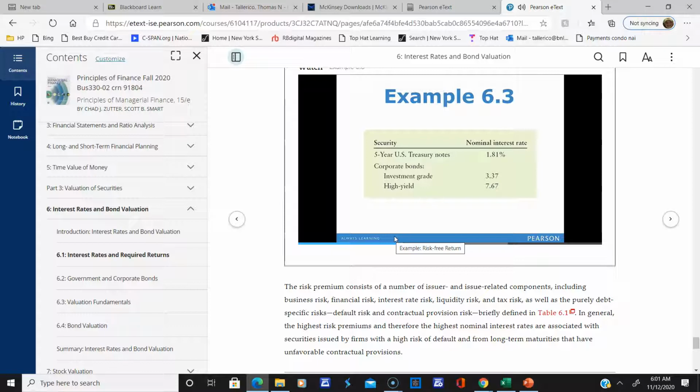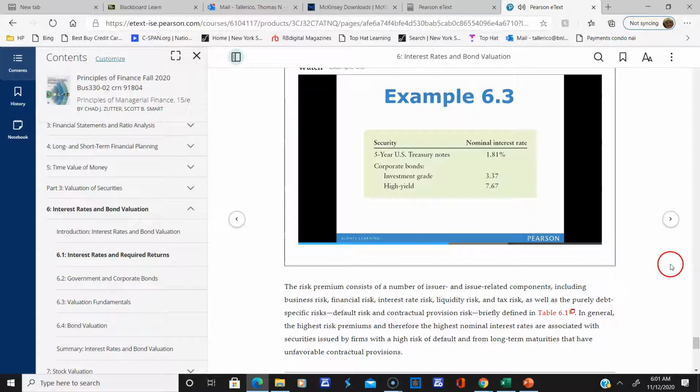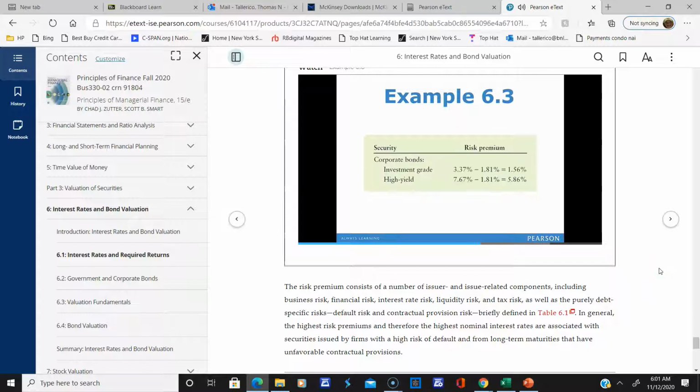In May of 2017, investment-grade corporate bonds with bond ratings of Baa or BBB or better were paying 3.37%. High-yield speculative corporate bonds with bond ratings below that of investment grade are riskier, so they offer higher returns, 7.67% in May of 2017. The risk premium is simply the difference in returns offered by a risky asset and a risk-free one, such as the United States Treasury bond.